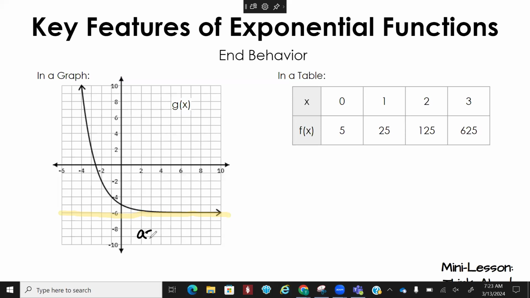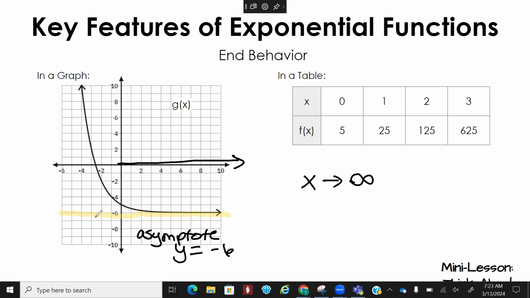So we have an asymptote at y equals -6. Okay, so we see that little yellow line that I drew? That's your asymptote. So as x is approaching positive infinity, that means as we're going this way, where are we getting closer and closer to? What y value? What's the asymptote? -6.